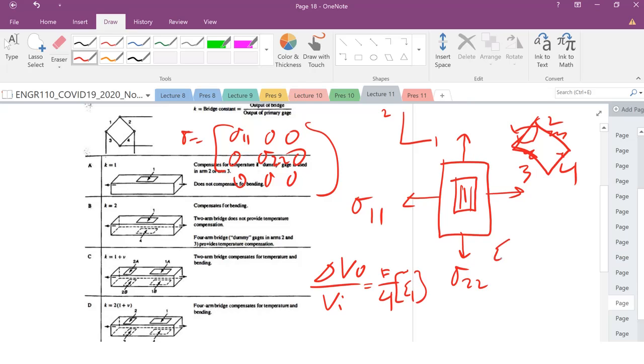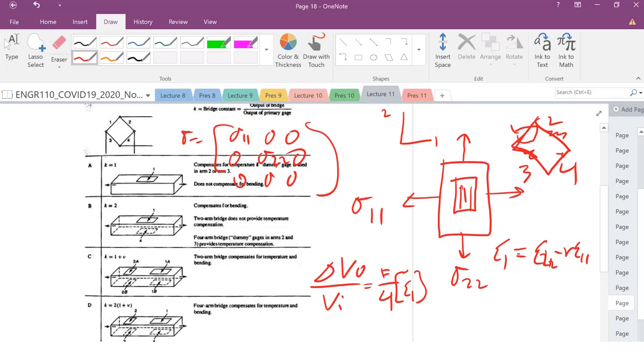So what is my strain in 1? Well, it is going to be basically the strain in the 1, 1 direction. So my strain measured in the 1 is going to be epsilon 1, 1 positive minus nu times epsilon, or excuse me, in the 2, 2 direction, minus epsilon 1, 1, right? Why is it minus that strain there?